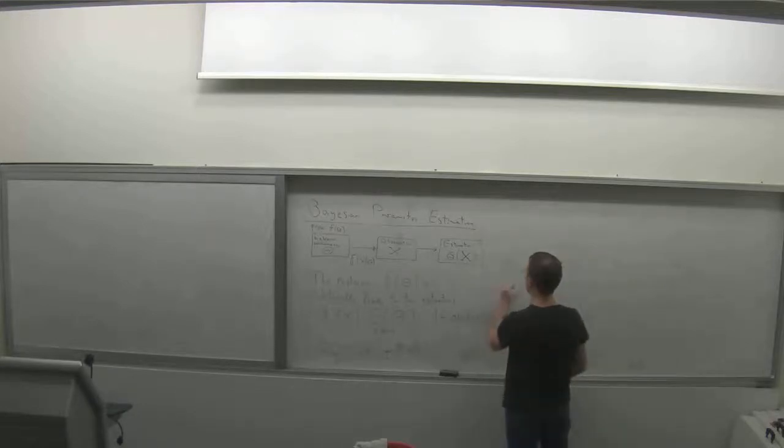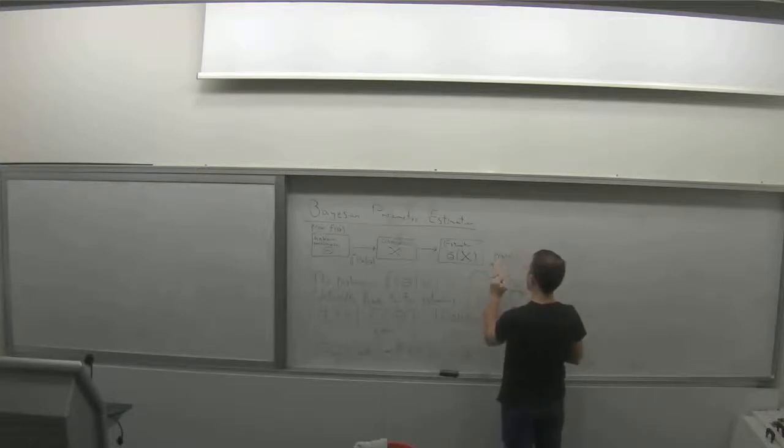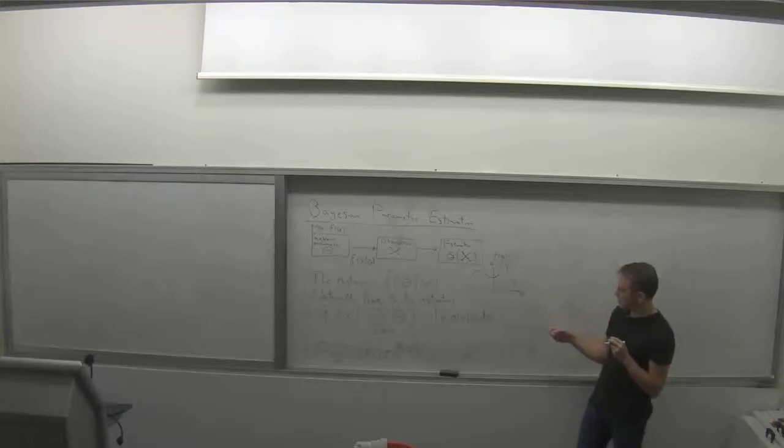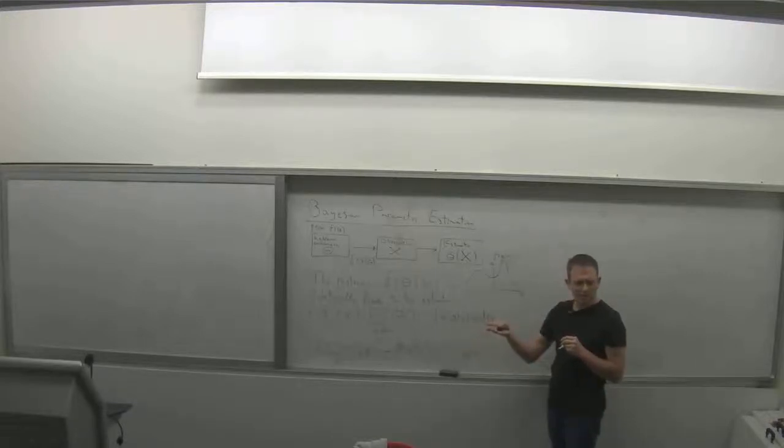If I give you a density, let's say this is theta, and this is f of theta given x. Okay, let's make this more clear. What is the MAP here? If this is the posterior, theta hat MAP. MAP stands for what?